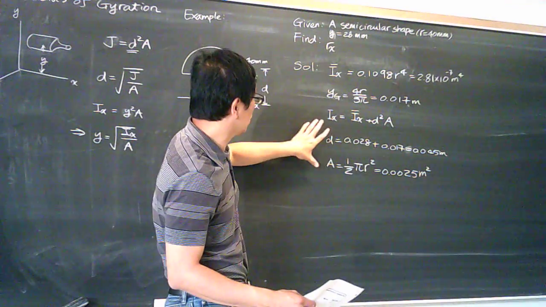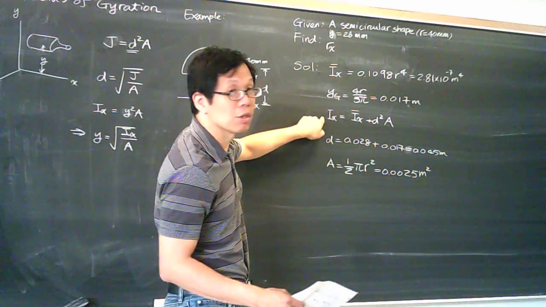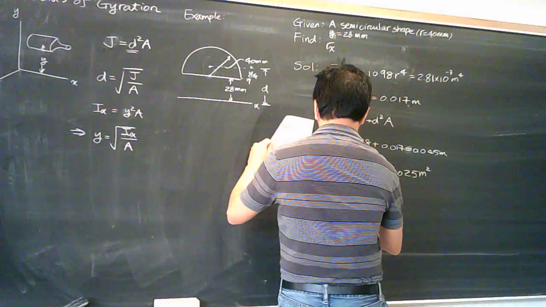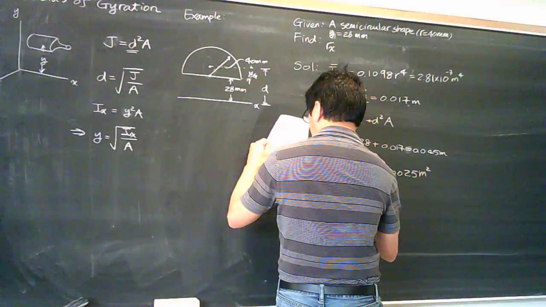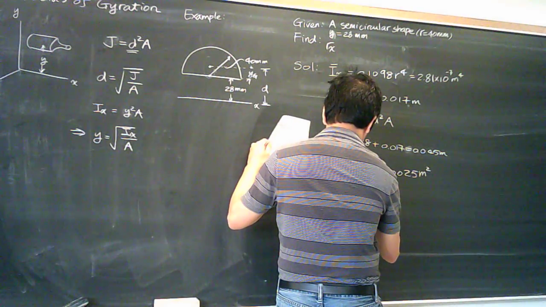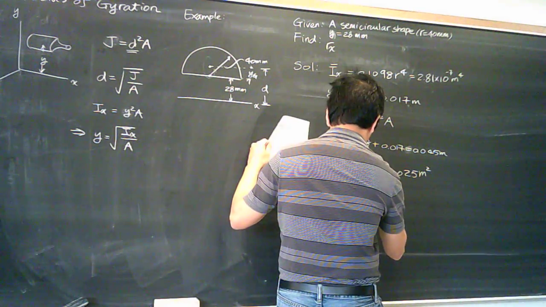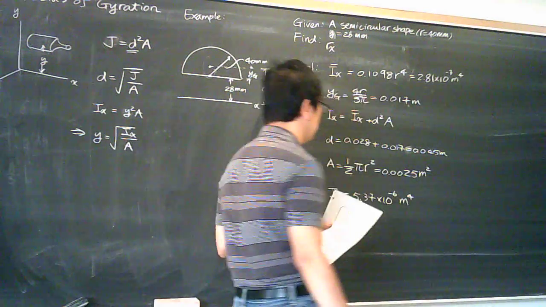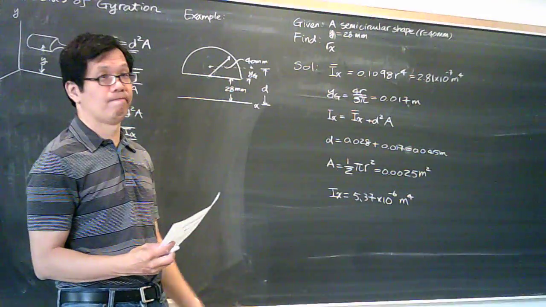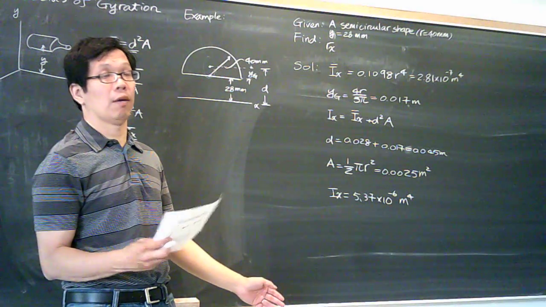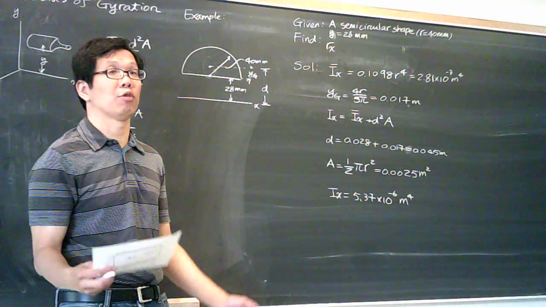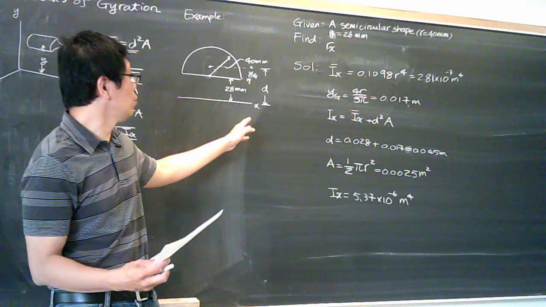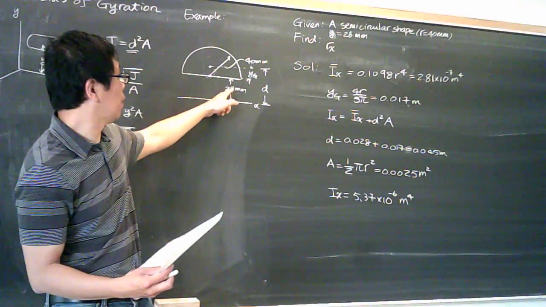I just plug this number and this number back into this equation, then I should get everything, which makes my Ix equal 5.37 multiplied by 10 to the power of -4 meter to the fourth. Okay, I'm not doing anything special. I'm just finding out all the properties and combining everything together to get my new moment of inertia about x.